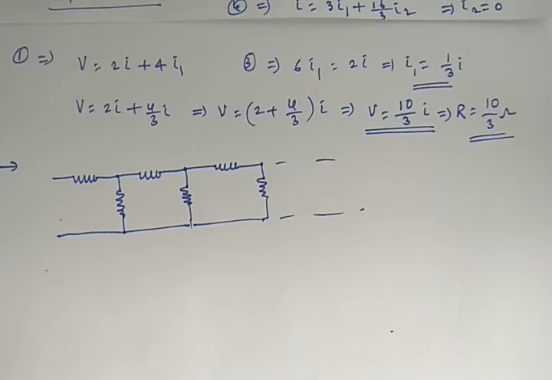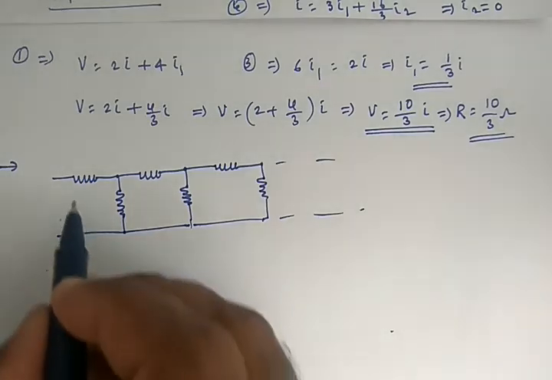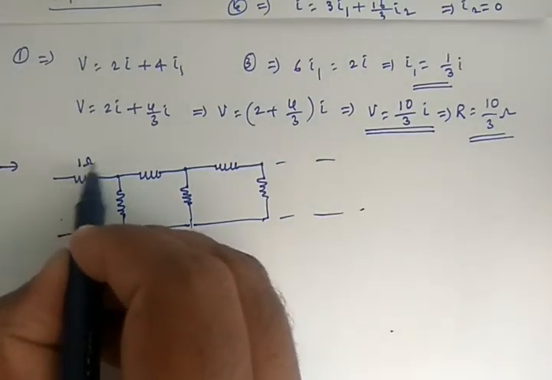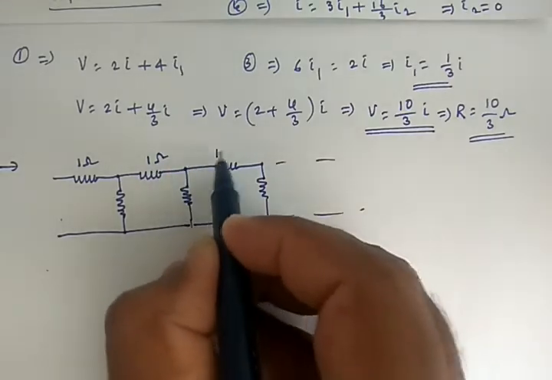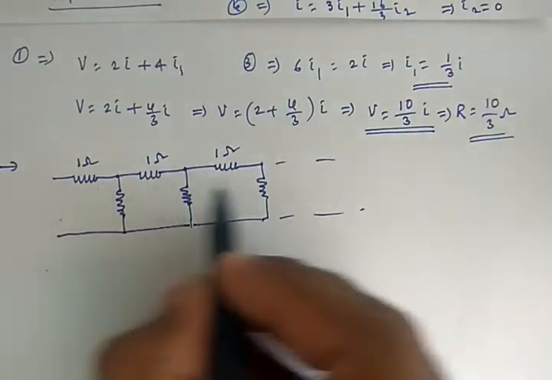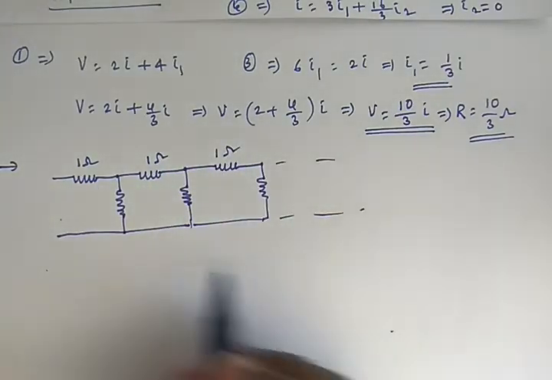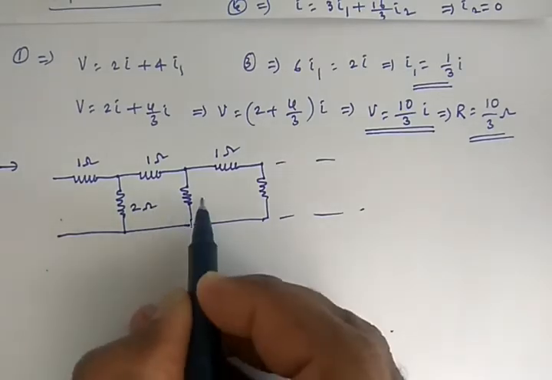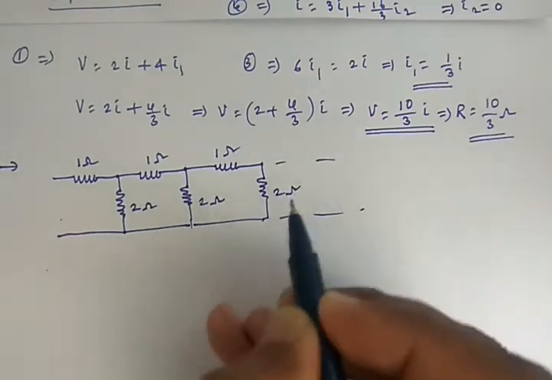It's infinite, like an infinite number of resistors are there. The resistance of each of these resistors is 1 ohm, and here it's a 2 ohm resistor, and it's 2 ohm, and it's 2 ohm.